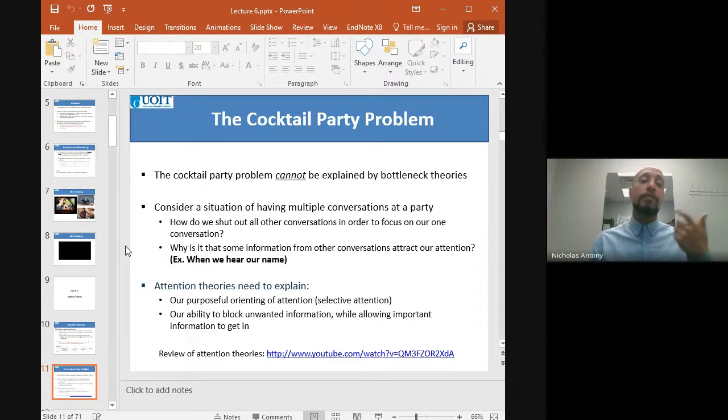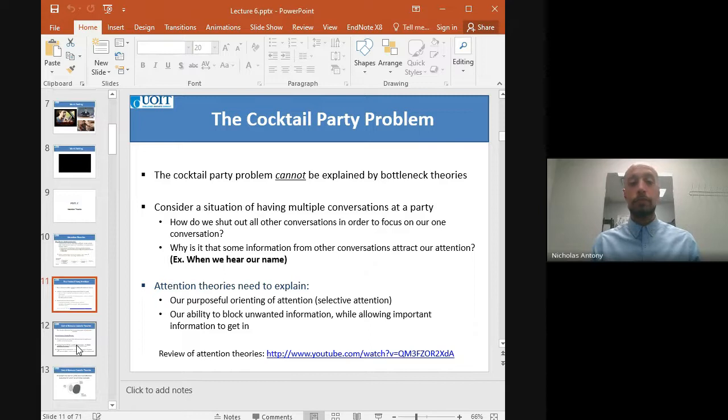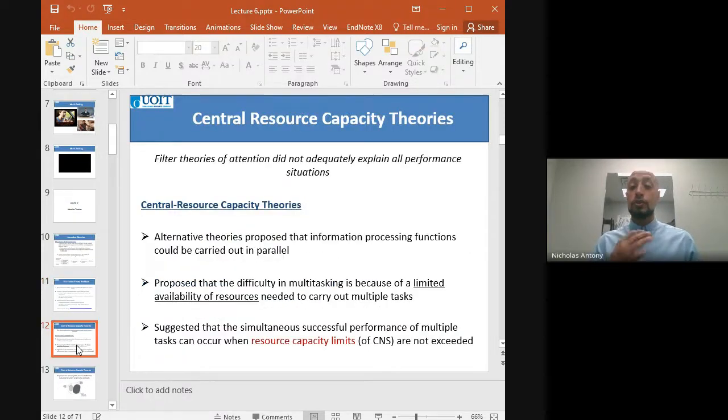Attention theories need to explain the fact that we can purposefully orientate our attention, and we're also able to block out things that we don't want to pay attention to. The next round of attention theories were called central resource capacity theories. What these suggested was that there was a central resource of attention, and it was of a finite capacity.